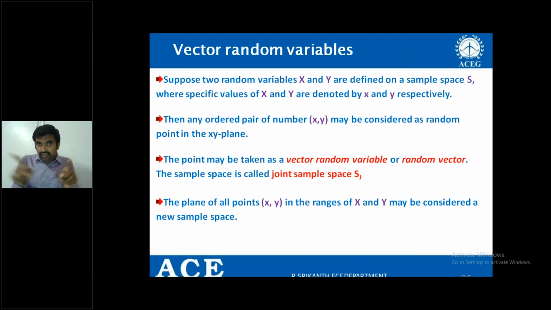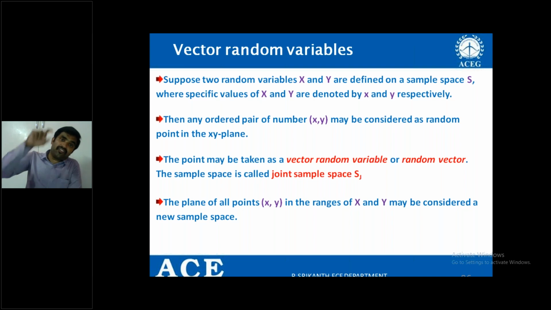Now a combination of one element from X and one element from Y will form a random point. That random point may be taken as a vector random variable or random vector.